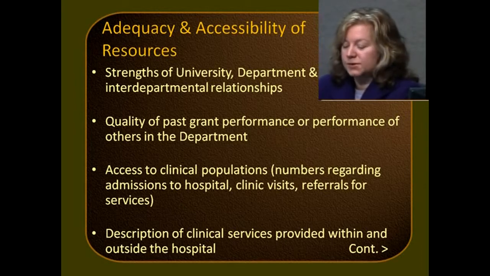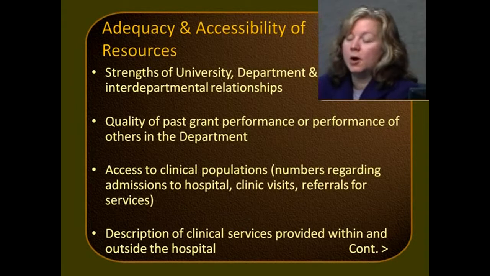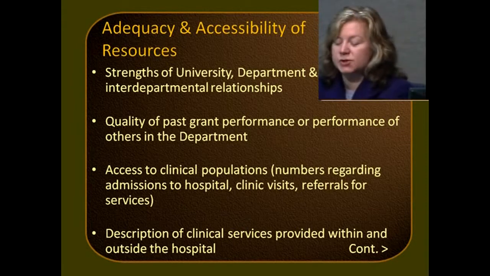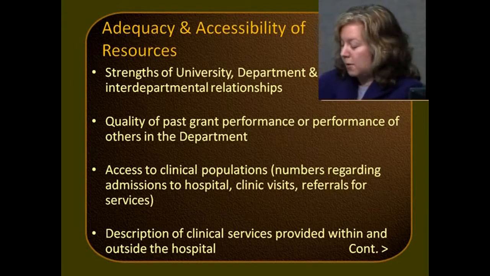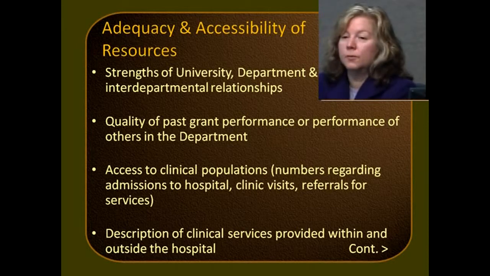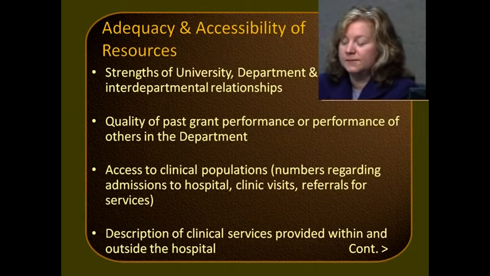Beyond your past grant performance, your overall strength of your agency, you'll want to talk about your access to the people that you're trying to serve. So for us, talking about our access to clinical populations is important. How will we recruit individuals for our research or for our program development activities?